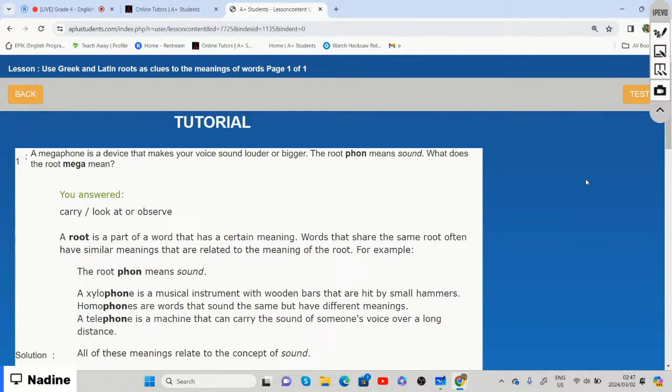The root has a meaning, and all the other add-ons to that word also have a meaning. Once we write it together, it creates one meaning of a specific word.